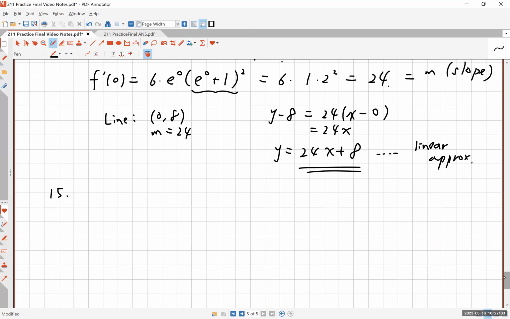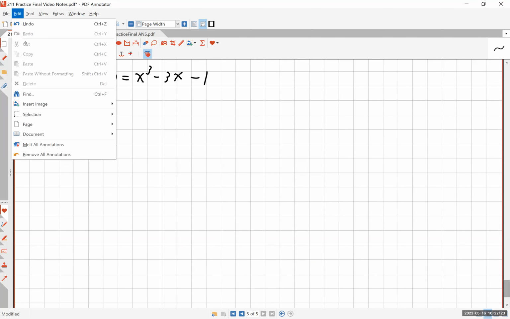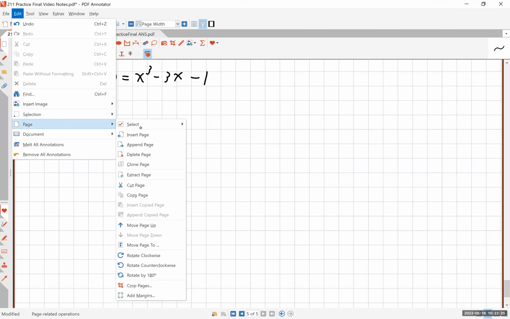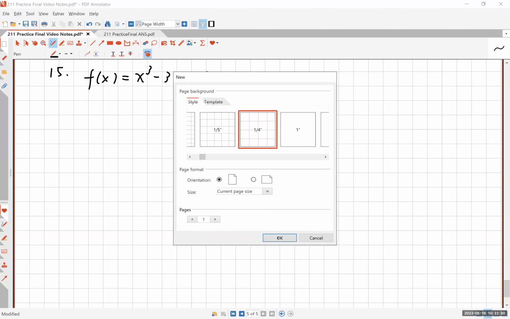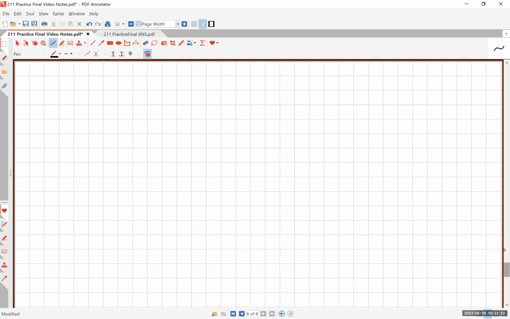Okay, let's do number 15, and then we will go into the next segment of this video. For the function below, and the function below is x cubed minus 3x minus 1. Okay, so what about that? This is a long problem, so let's be prepared for that. And in fact, I need more space, so I'm going to append a page in the same graph paper format because I will need some space.